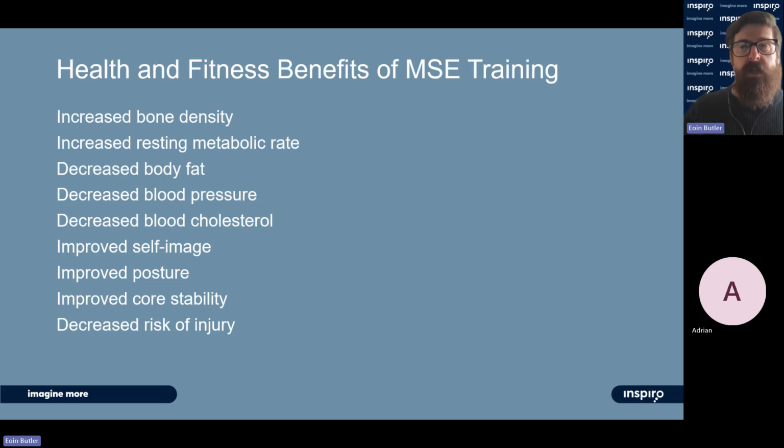So if we do strength training, it doesn't necessarily increase muscle mass. If we do endurance training, it doesn't necessarily increase muscle mass. If we do hypertrophy training, obviously that will increase muscle mass, but these are the benefits that muscular strength endurance training can give to our clients, and this is what it's going to do for them.